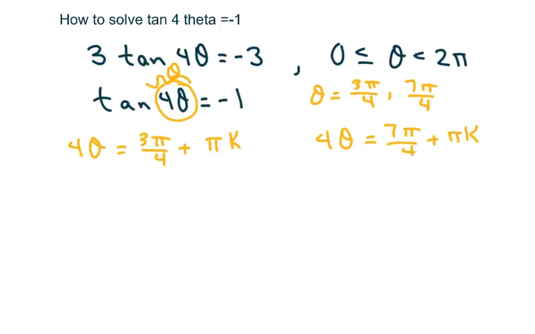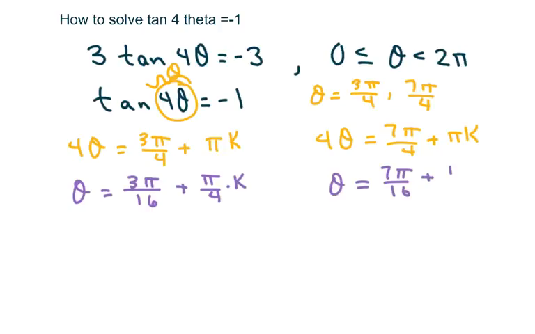Now divide everything by 4 and you get theta equals 3 pi over 16 plus pi over 4 k. And similarly, we have 7 pi over 16 plus pi over 4 k.